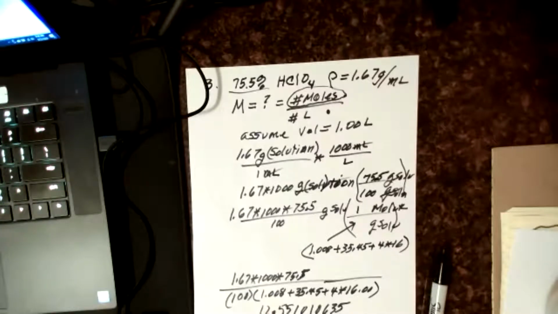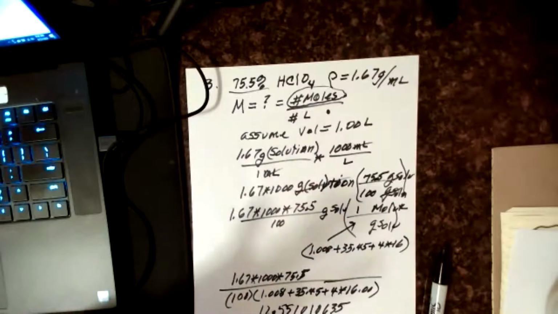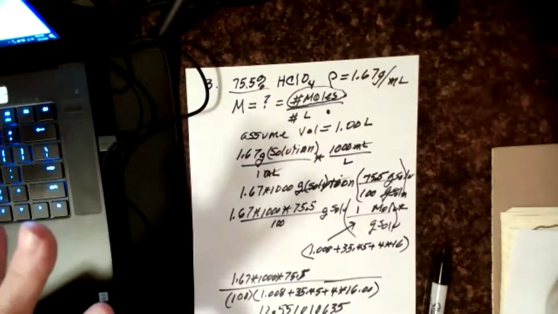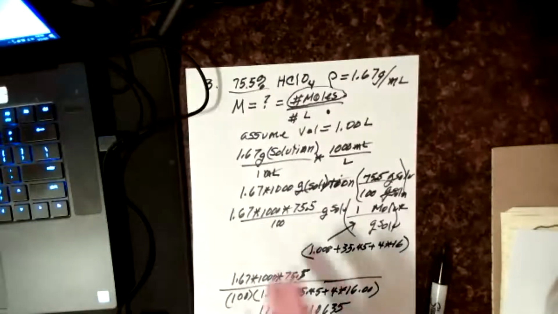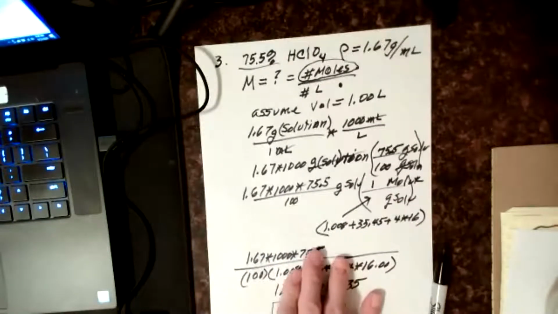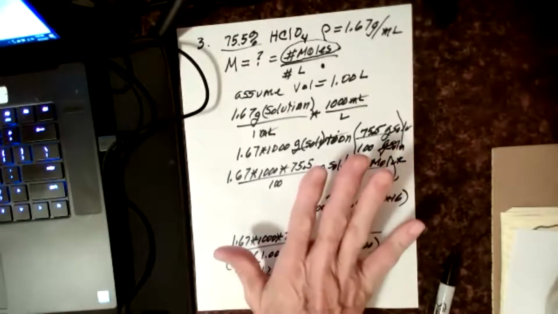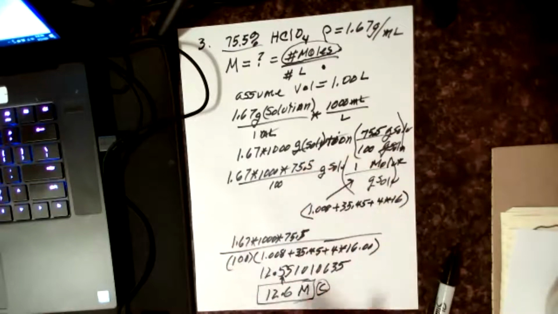It's going to give you the density of that solution in the bottle, and it won't give you the molarity. You'll have to determine that. And it'll give you things about purity, and it'll give you the percent composition, and it'll give you any appreciable impurities that might be in that bottle. It's all on that label. And so you need to be able to take that label and do that calculation.